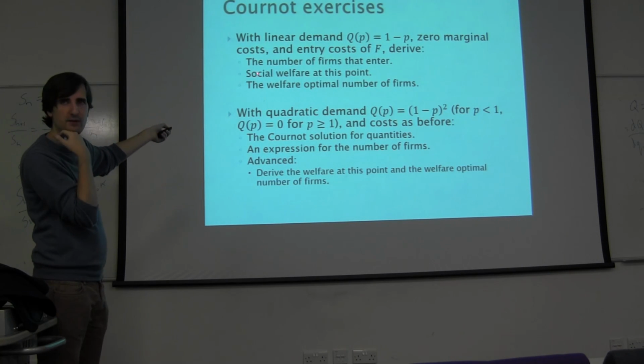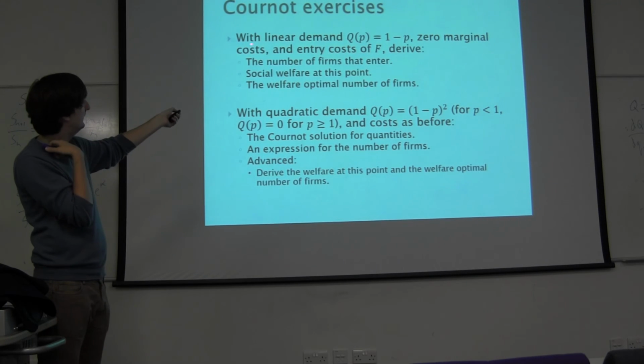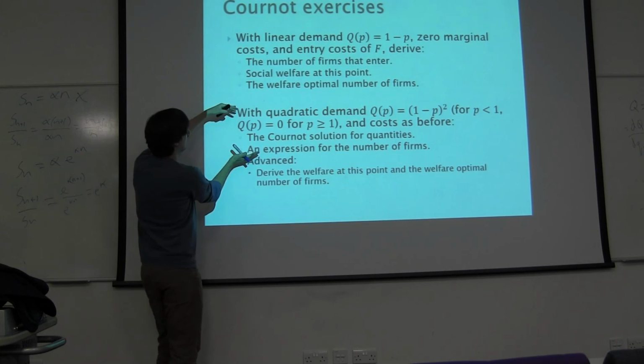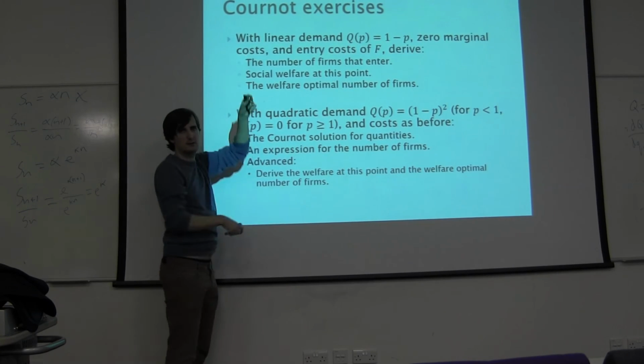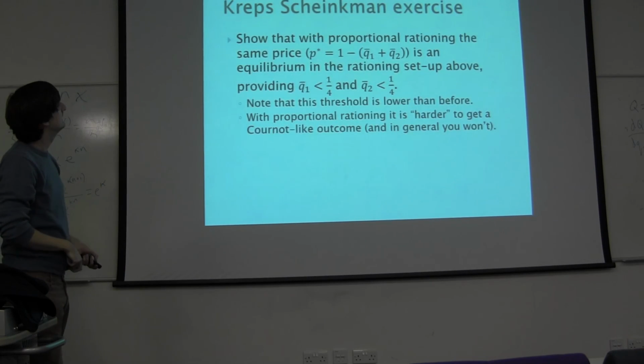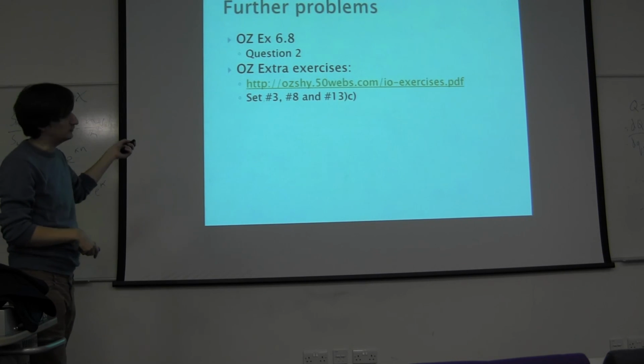Okay, so don't worry about the social welfare bits, we'll do welfare next week. Okay, but do this, work out the number of firms that enter. Do this first bit at least. And likewise, do these bits. Okay, so do this and do that. There you go. And I expect this one's probably doable as well.